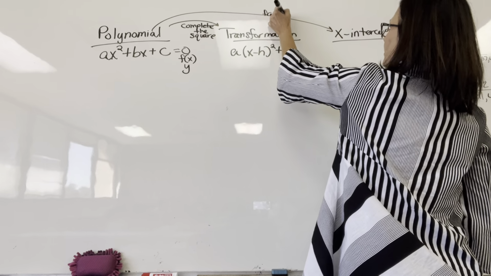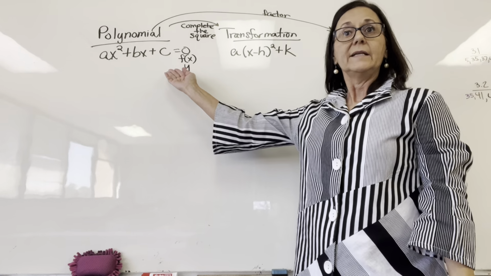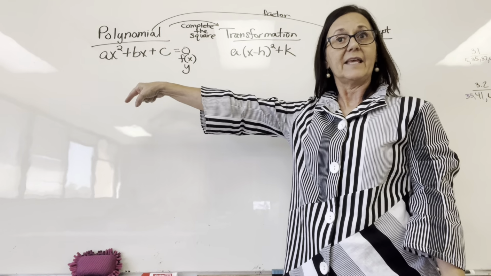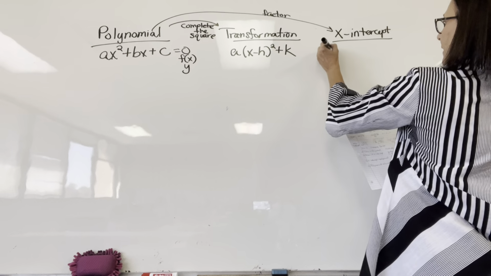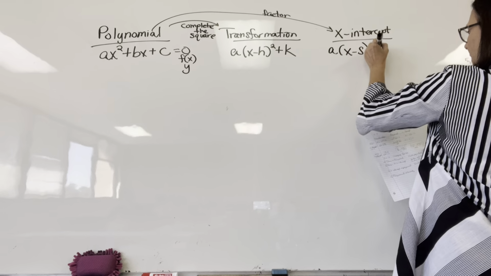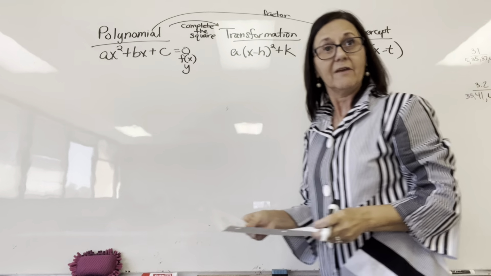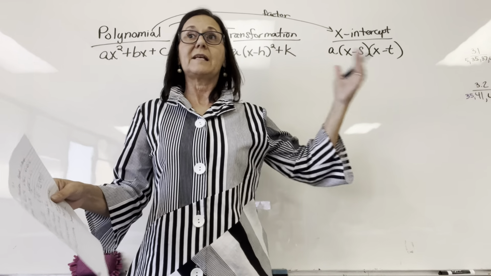You didn't realize you were doing it. We asked the question, what are multiples of a times c such that we add them and we get the b value, such that we end up with a(x minus some value)(x minus some value). Now maybe s and t were both negative, so that would have made it, maybe, (x minus 2) times (x plus 3).